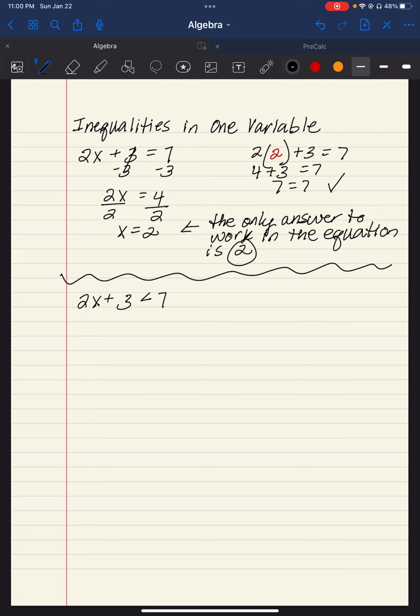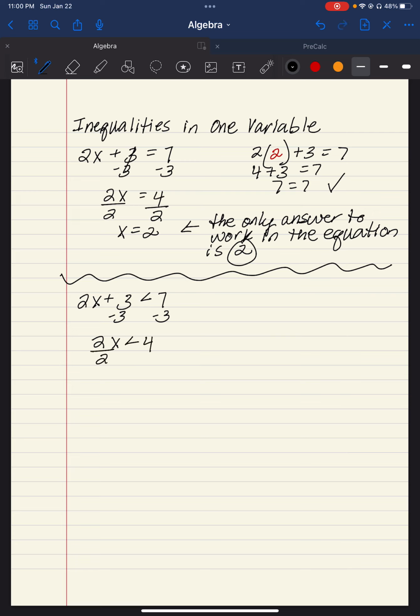Well, we actually can go about solving it using the same kind of algebraic tools as if it were an equal sign there instead of an inequality. So let's do the same steps. We would subtract 3 from both sides, and we would get 2x is again equal to 4. Sorry, not equal to. In this case, it's less than 4.